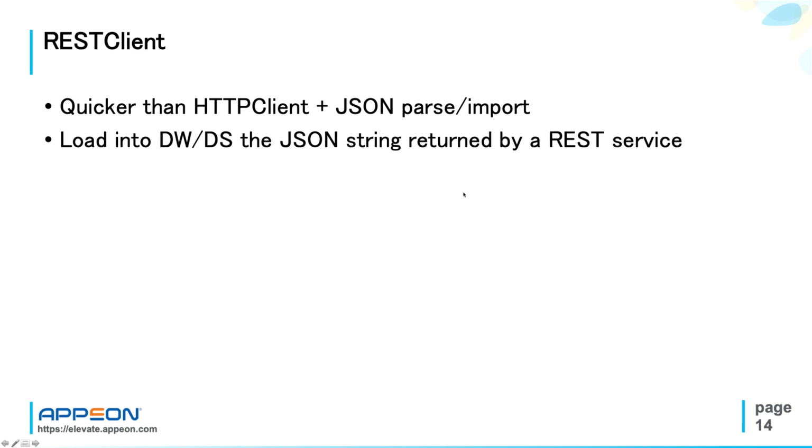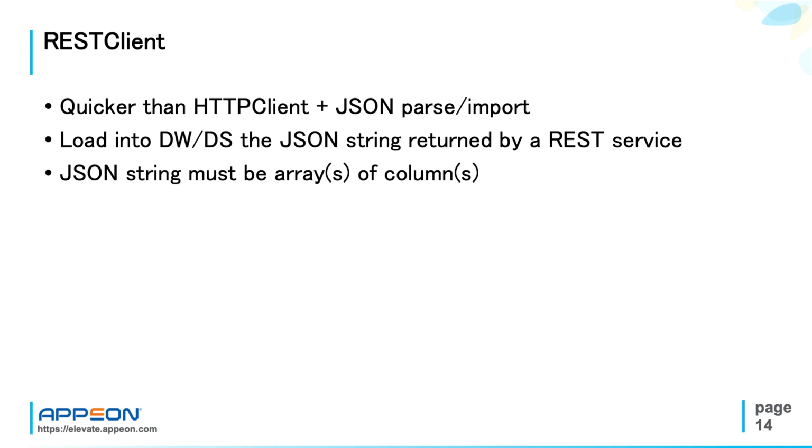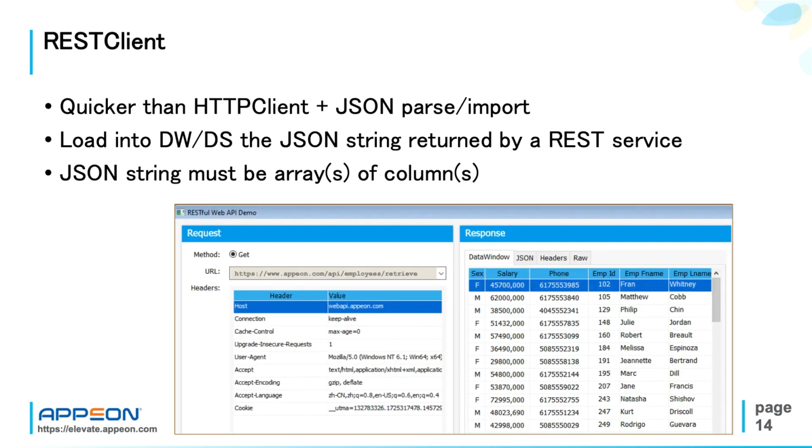So it loads the JSON data returned by the service, and JSON must of course have a structure that can be loaded into a data window or data store, for example, arrays of columns.